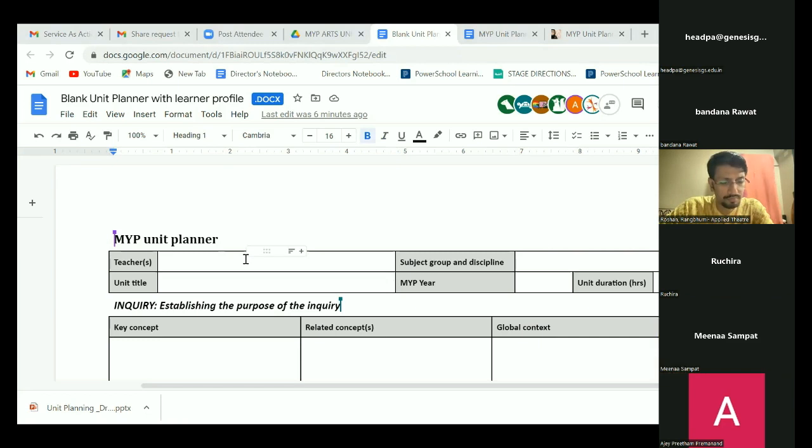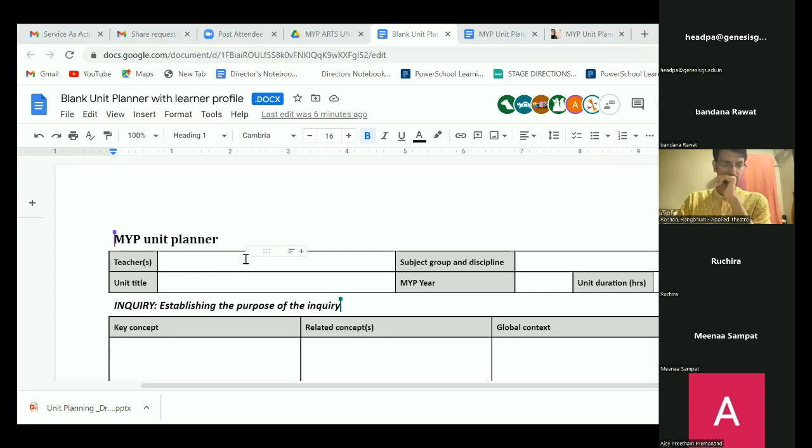So right now, what we need to do, we have said key concept as communication, related concept as role, global context, personal and cultural expression. We are looking at artistry, craft, and beauty as the specific area of exploration of the global context. So what I would like everyone to do maybe is type, let me just write down the key concept, related concept first.